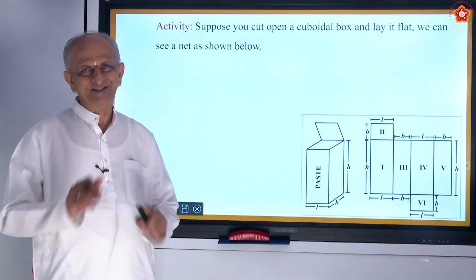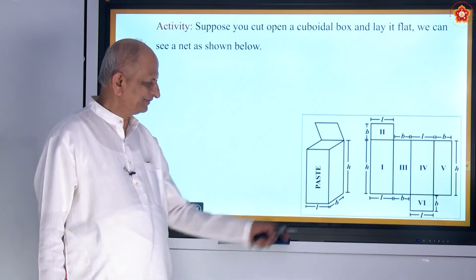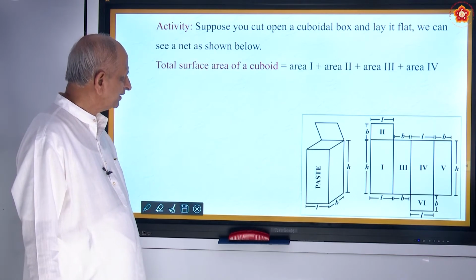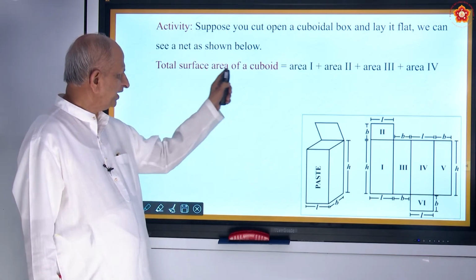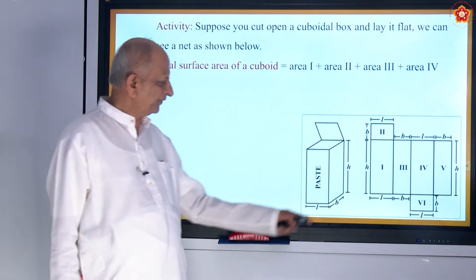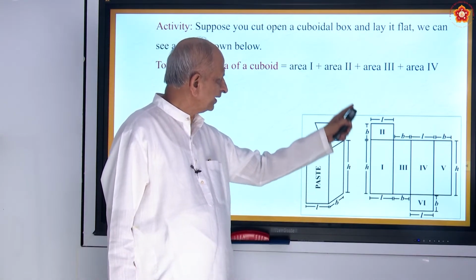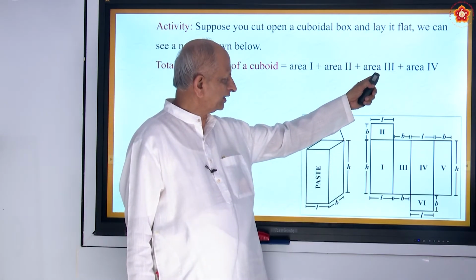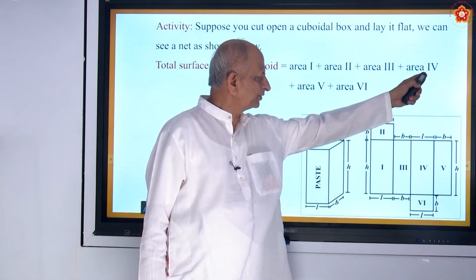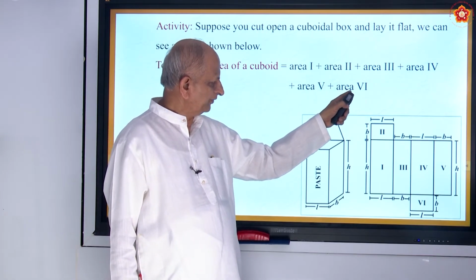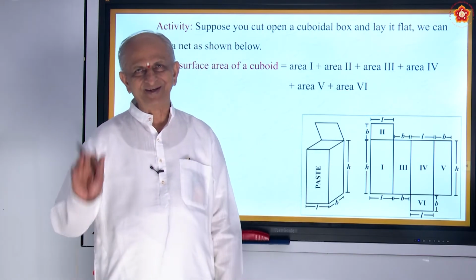And when you join all this, you get this, what is called a cuboid. Therefore, total surface area of cuboid is equal to area of first rectangle, area of second rectangle, area of third rectangle, area of fourth rectangle, area of fifth rectangle, area of sixth rectangle. All are rectangles.